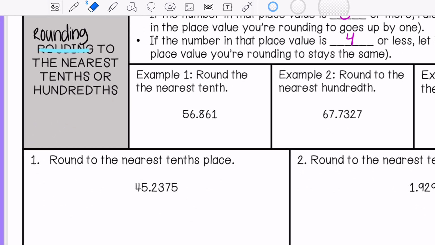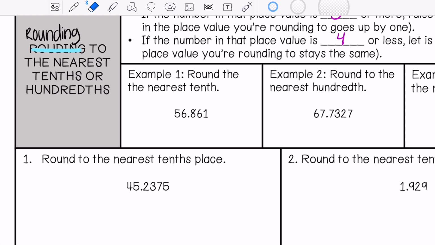All right, so let's look at these examples. I have 56.861. It says round to the nearest tenth. So I look at the hundredths place. This is 5 or more, raise the score. So this is 56.9.